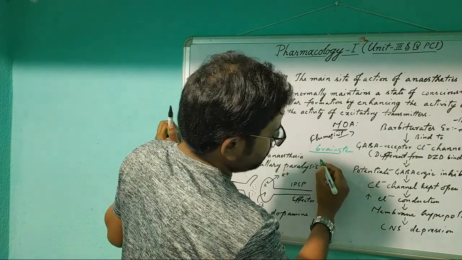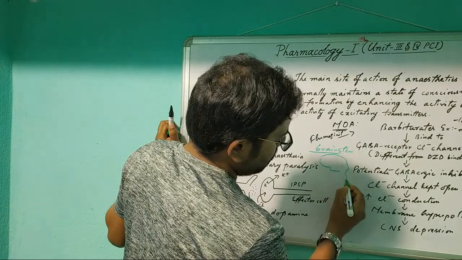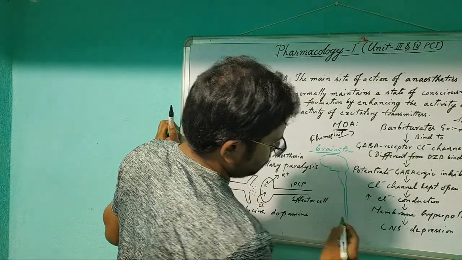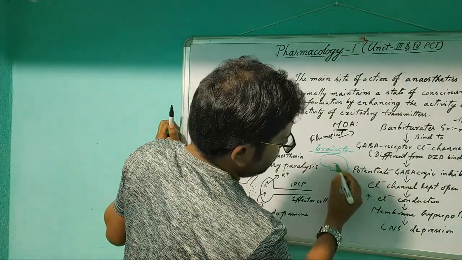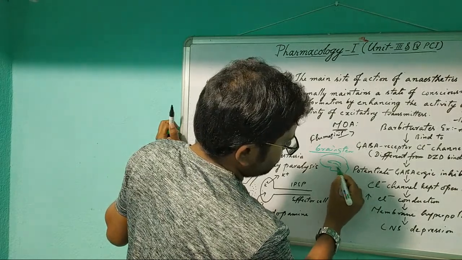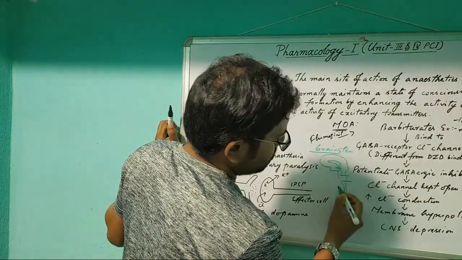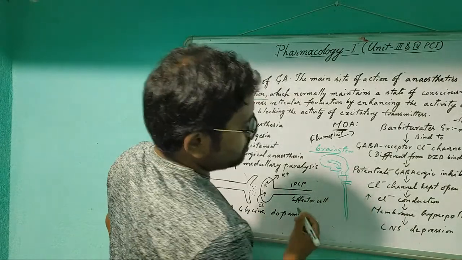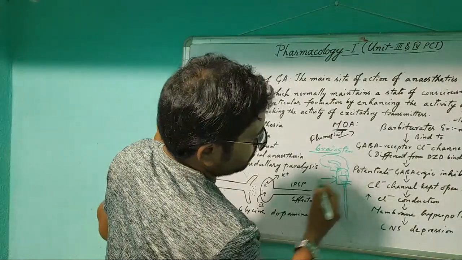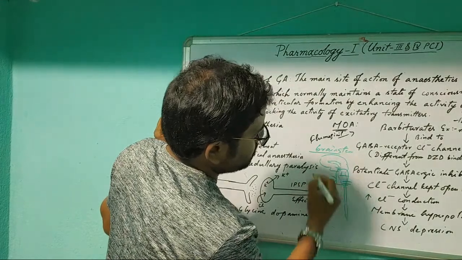Roughly, if you are drawing the brain diagrammatically, here are the thalamus and hypothalamus, here the midbrain, the pons, and the medulla oblongata at last. This part is called the brain stem.